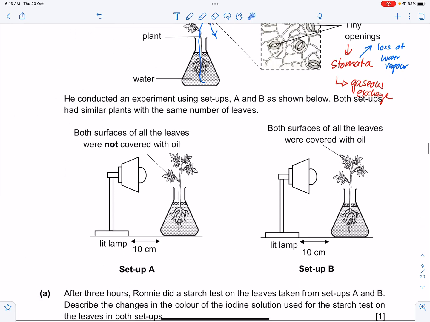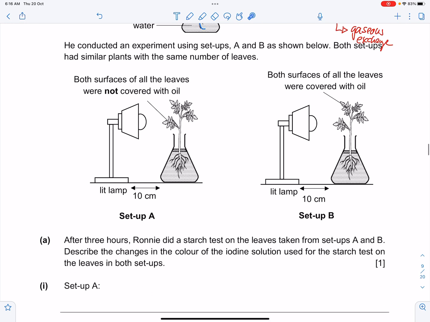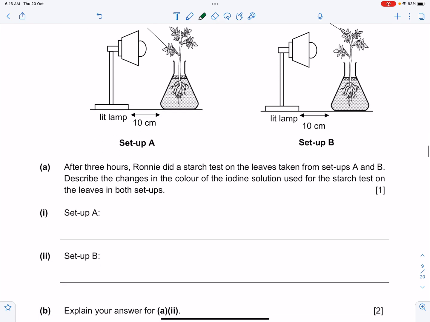Okay. Now he conducted an experiment using setups A and B as shown. Both setups had similar plants with the same number of leaves. Now the changed variable would be whether or not it's covered with oil. After 3 hours, Ron did a starch test on the leaves taken from setups A and B. Describe the changes in the color of iodine solution used for the starch test on the leaves in both setups. So basically, an iodine solution test, the main idea is to test whether or not photosynthesis has taken place by testing if starch is present.